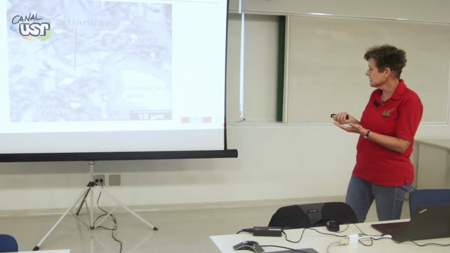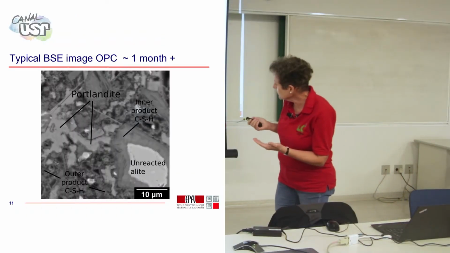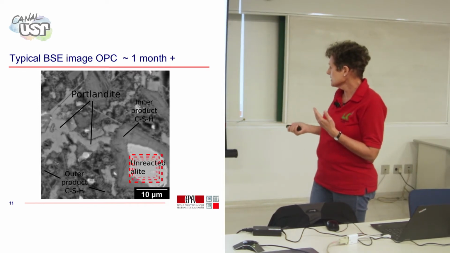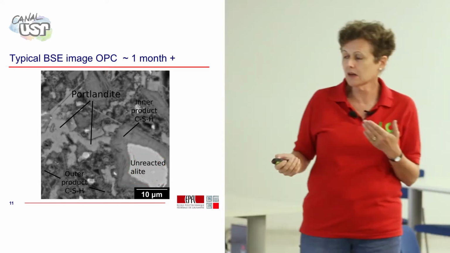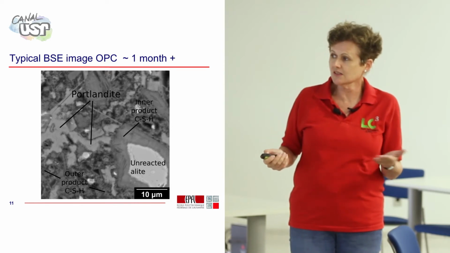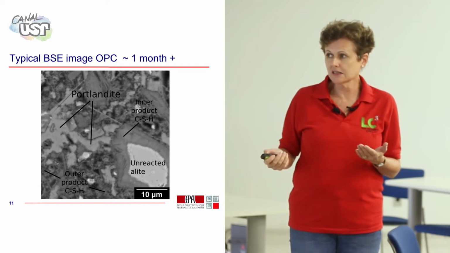So the classic thing you can see, this is a typical backscattered electron imaging. It's maybe a bit dark, but you can first and foremost see the unreacted cement. So this is brightest because the average atomic number, this has got no water in it, it's just calcium silicate. This is the brightest.